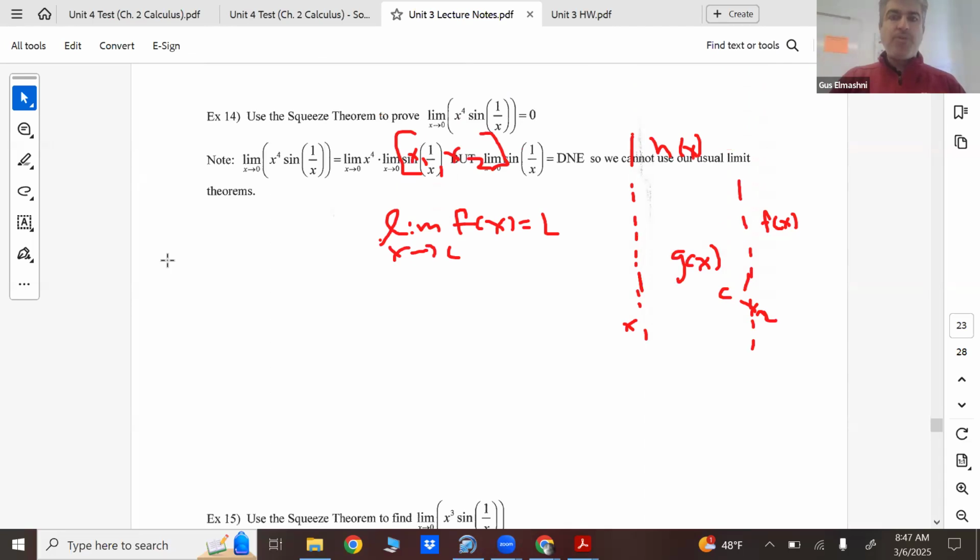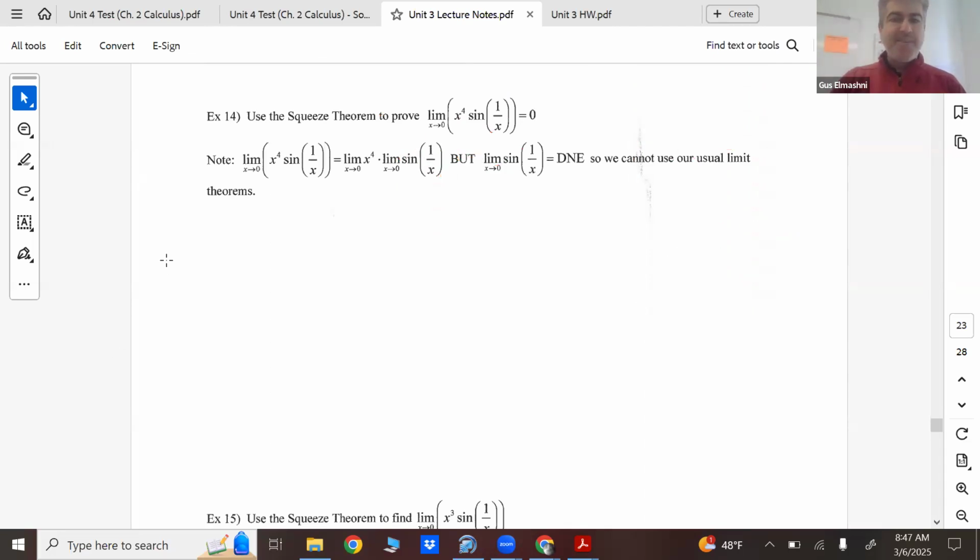Okay, so that's a really strange function. Let h of x, sorry, let f of x, my bad, let f of x equal the function in question. We're okay with that so far, right?